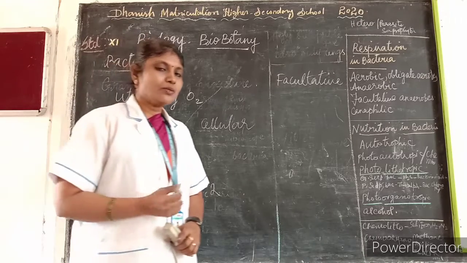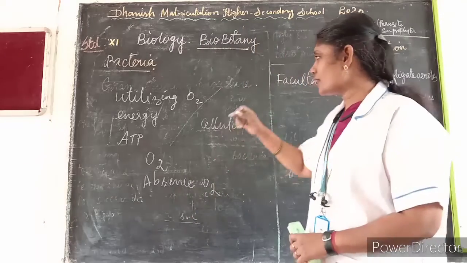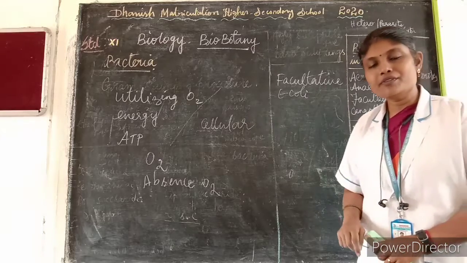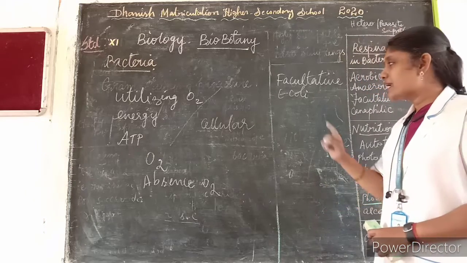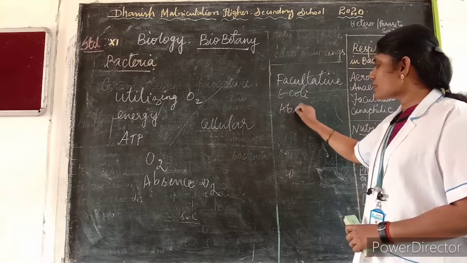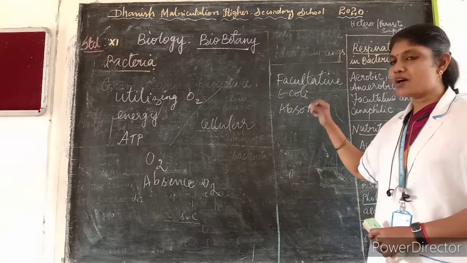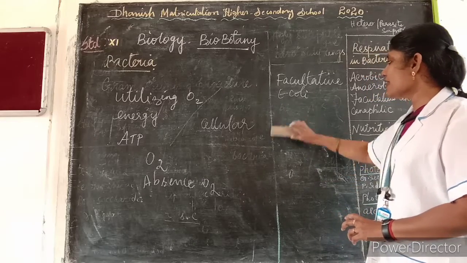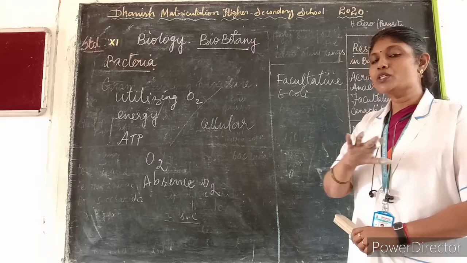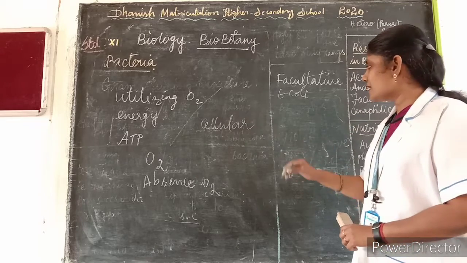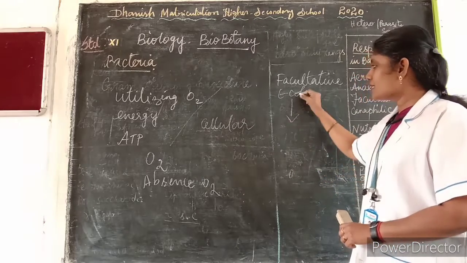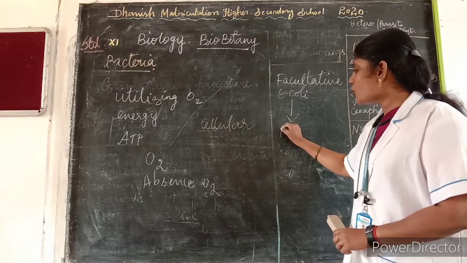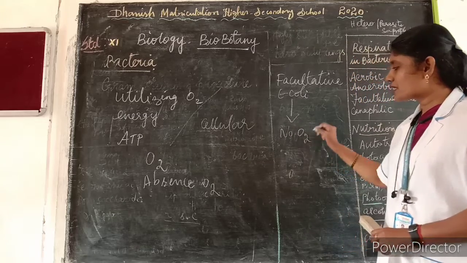Understood? I'll tell you the example now. The bacterium E. coli is able to live in the presence of oxygen, and it absorbs all the oxygen for its survival. Once it absorbs the oxygen, it makes the condition anaerobic, a no-oxygen condition.